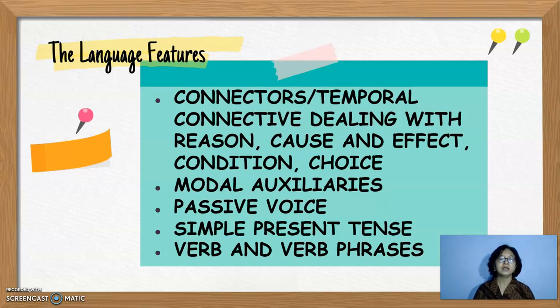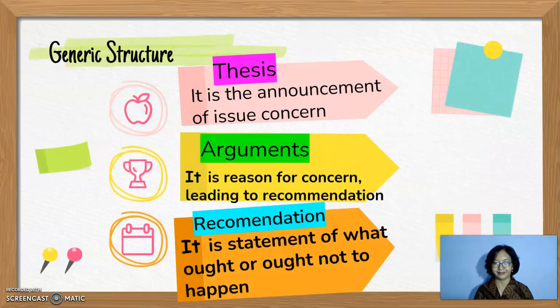And then next, in hortatory exposition text, you're also going to learn the modal auxiliaries such as should, ought to, must, and etc. And then passive voice, kalimat pasif, and then simple present tense, verb, and verb phrases. All are the language features in the hortatory exposition text.